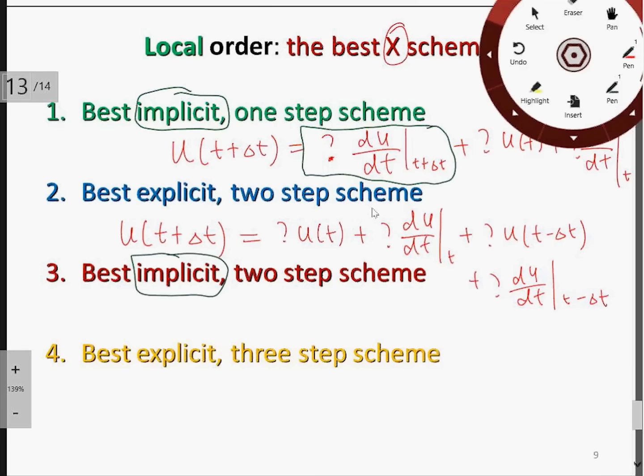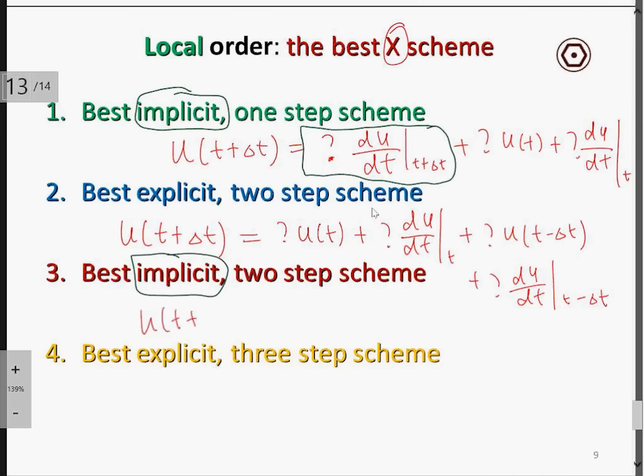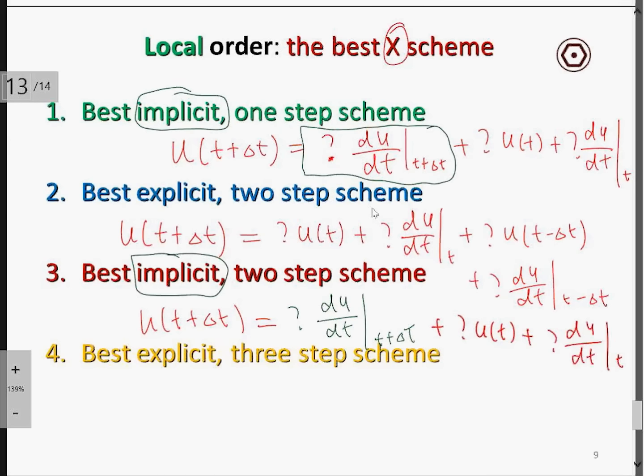With the implicit scheme, you are allowed to use u at t plus delta t equal to a question mark times du dt at t plus delta t. If I don't have this term, it'll be explicit. All the other terms are the same: question mark times u at t, plus question mark times du dt at t, plus question mark times u at t minus delta t, plus question mark times du dt at t minus delta t.